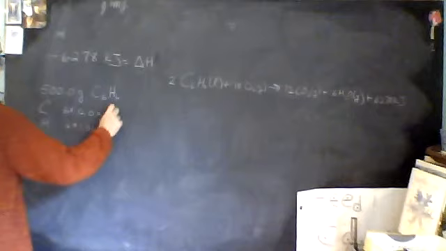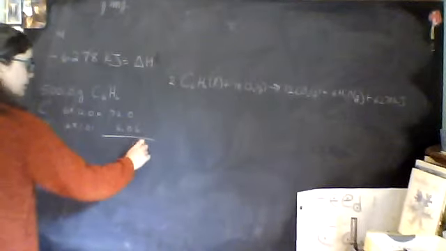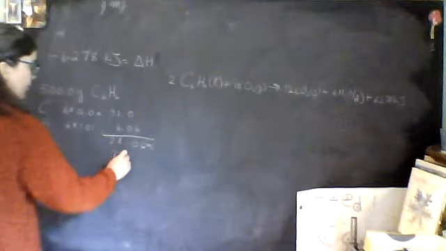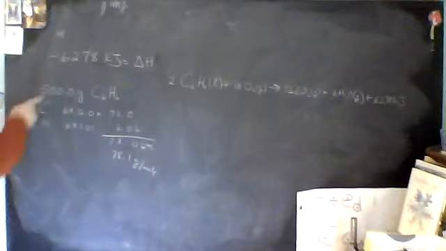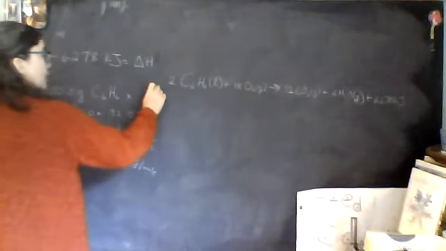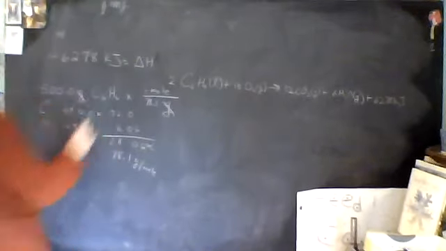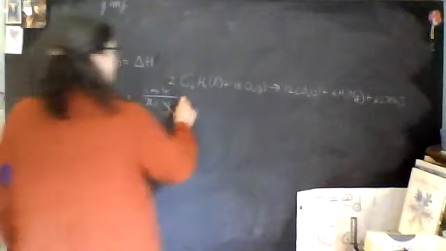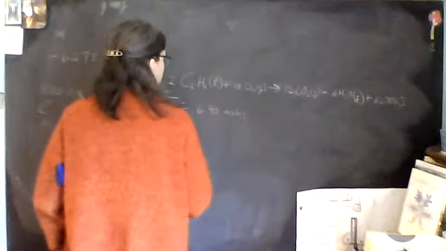So that gives me 72 plus 6.06, which gives 78.1 grams per mole. So 500 grams times 1 mole per 78.1 grams. Grams will cancel. So divide 500.0 by 78.1. We got 6.40 moles of C6H6, accurate to 3 significant digits.